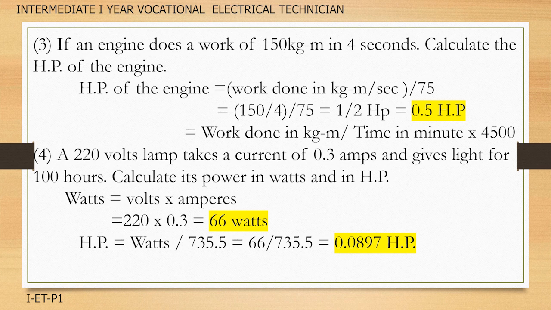HP of the engine equals work done in kg meter per second divided by 75. That equals 150 divided by 4, whole divided by 75. That equals 1 by 2 HP, that equals 0.5 HP.